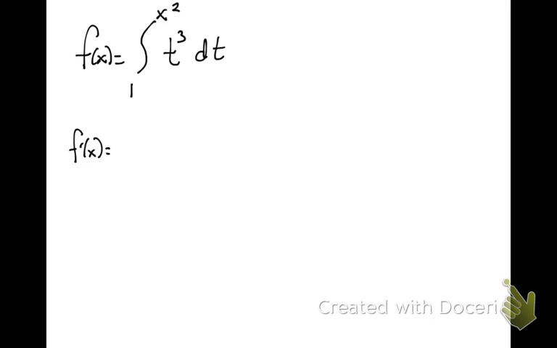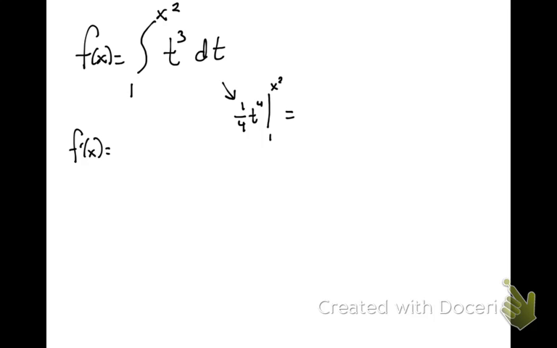Well, you can do this the long way. The long way would be to first integrate. Well, we can integrate t cubed dt. When we integrate that, we would end up with 1/4 t to the 4th from 1 to x squared.